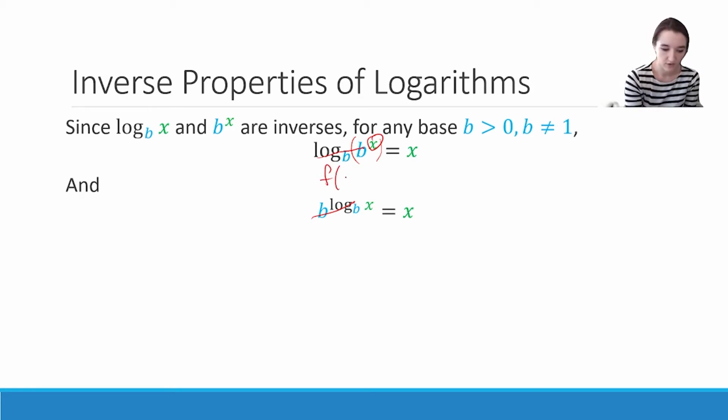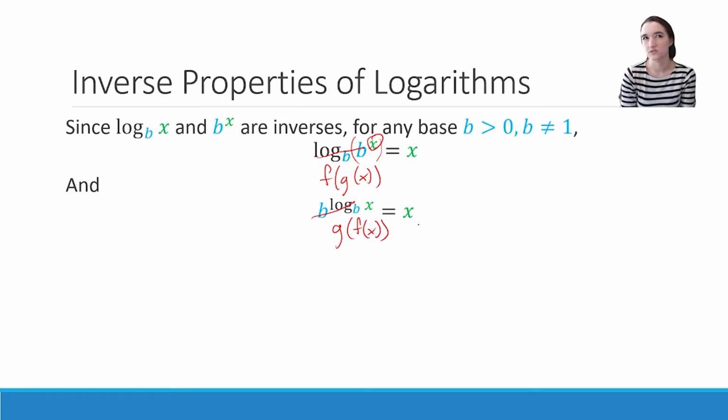This is f of g of x, and this is g of f of x. If you remember back to our chapter on inverses, I believe that was chapter 1.8, the definition of an inverse is if we compose the two functions together and you get x out of it, then you have an inverse.